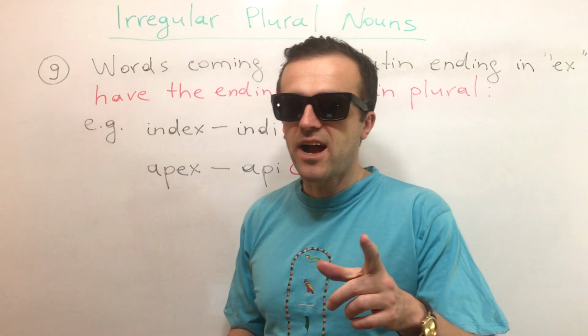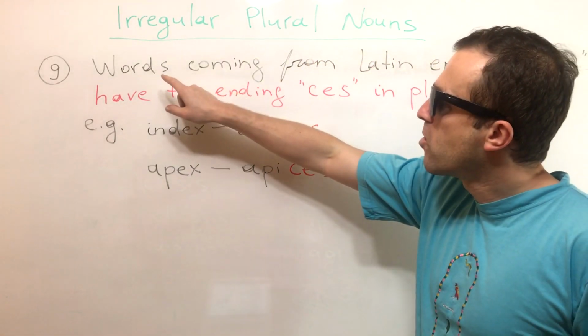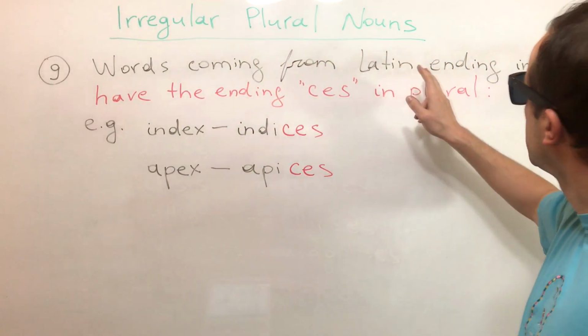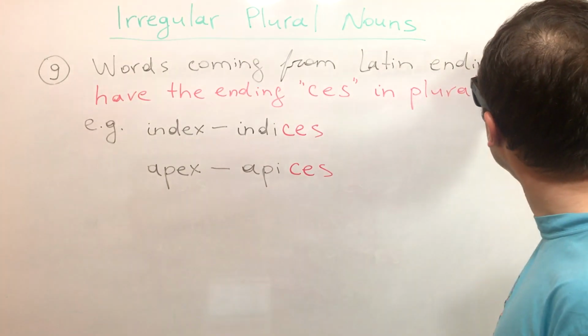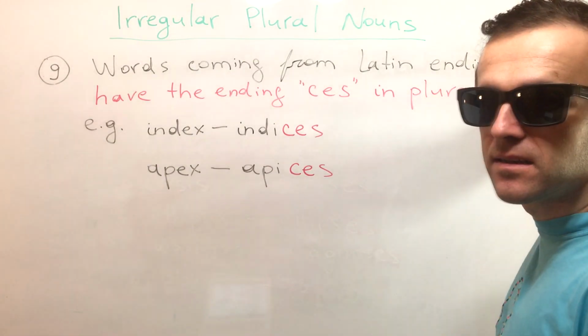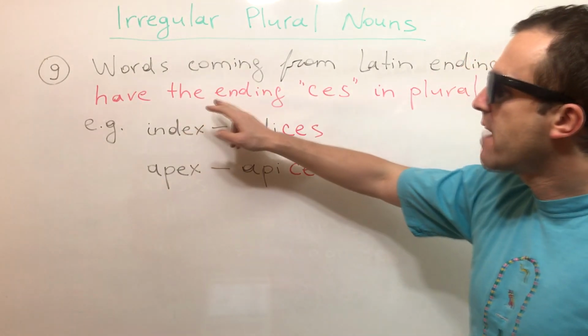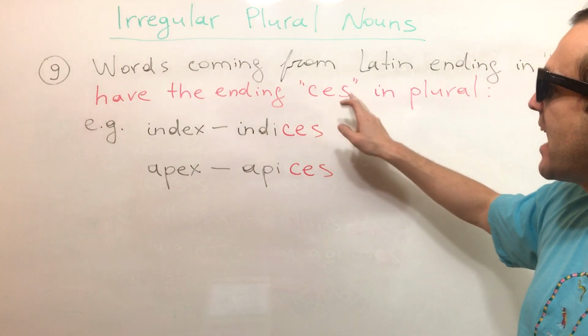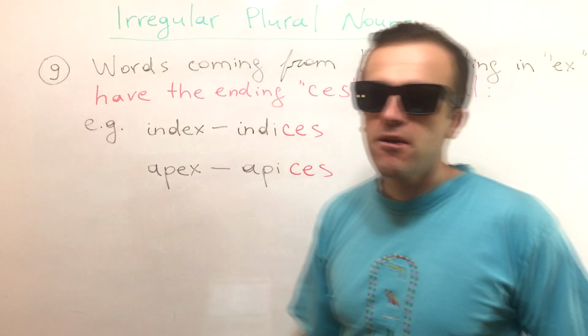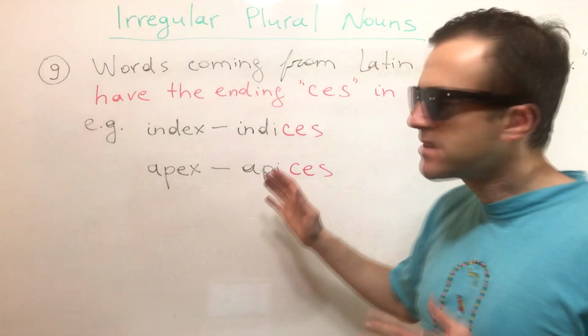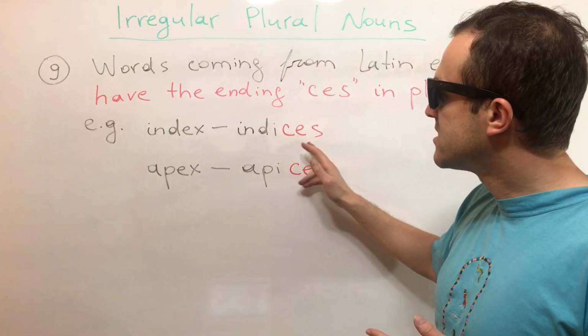The ninth rule, guys, is the words coming from Latin ending in ex have the ending ces in plural. For example, index, indices.